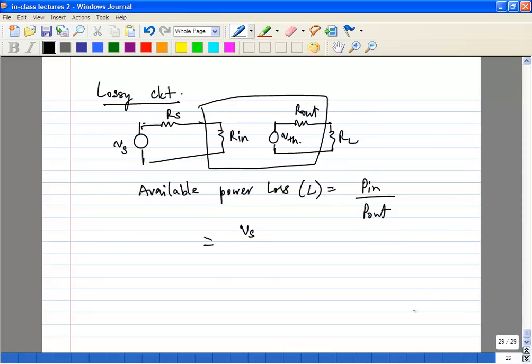It's Vs squared over 4Rs, assuming that Rs equals Rn and Rout equals RL. What is P out? Vth squared over 4RL, where Rout equals RL.